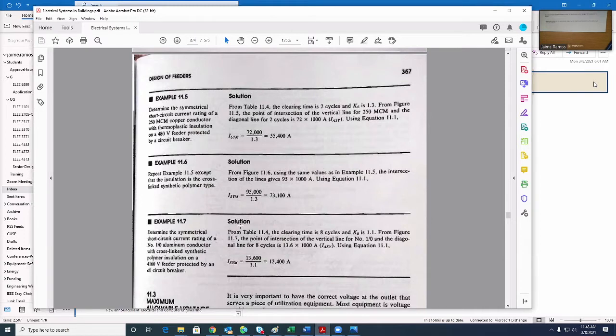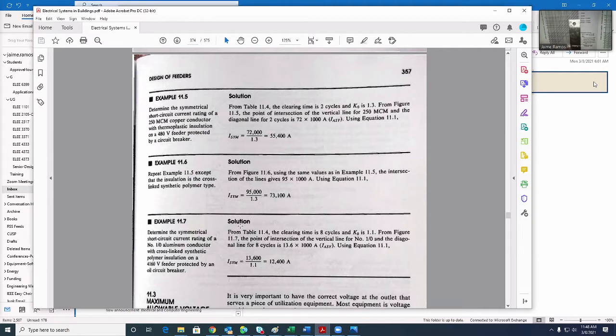So it says from figure 11.5. So here is figure 11.5. Then it says the conductor is 250, so this is the conductor.